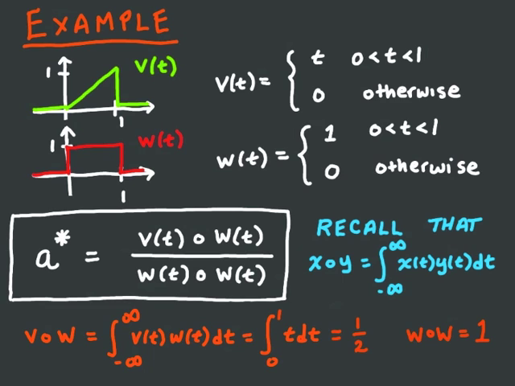And we also had this definition of circle product to ease our notation. So let's do these circle products between the signals V and W, and between W and W. When we do the circle product of V with W, we'll find out that's the integral from 0 to 1 of t dt, which is equal to 1/2. And the circle product of W and W, you can verify, is equal to 1.